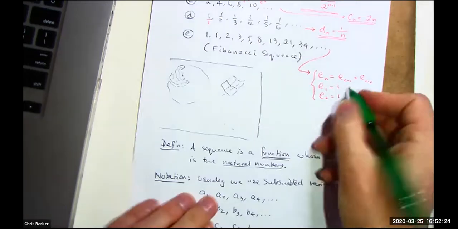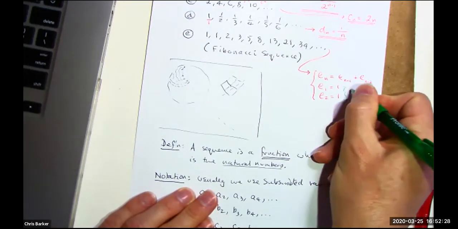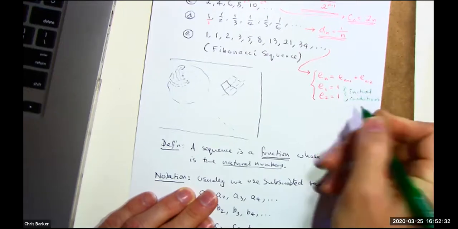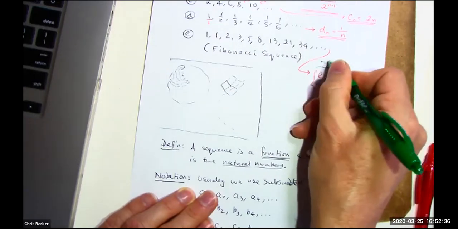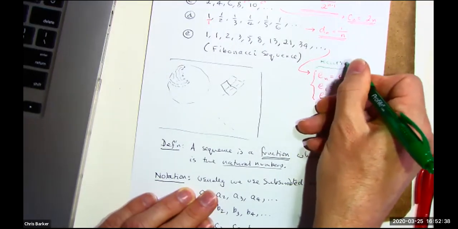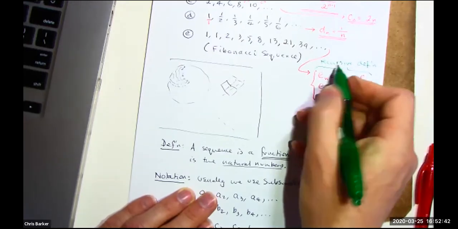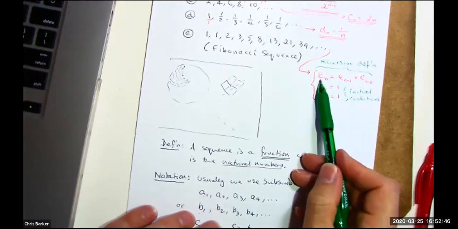These are initial conditions that get things rolling. And this formula is a recursive definition. Recursion refers to the idea that you have to use old values to get new values.